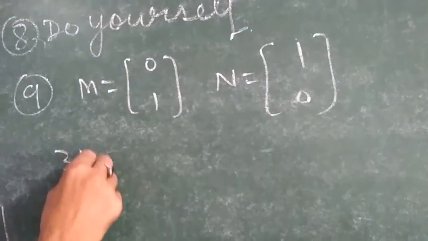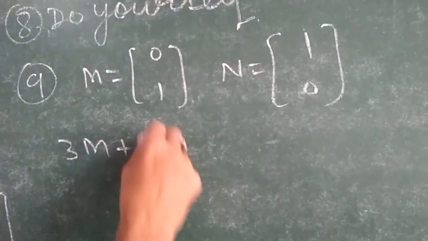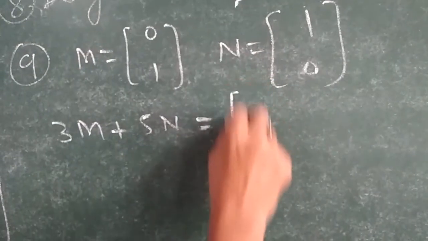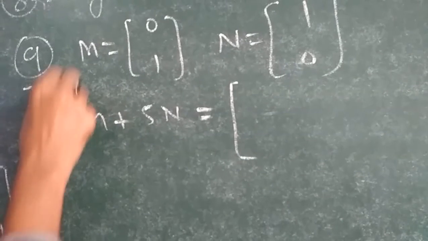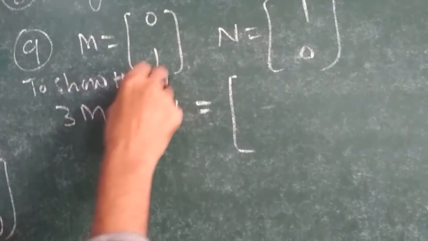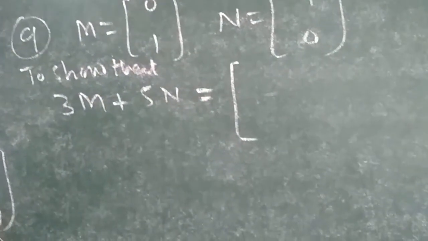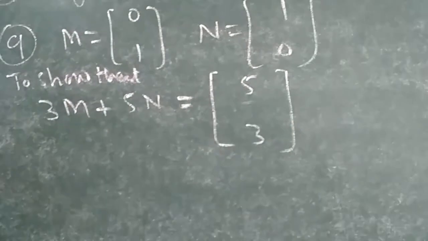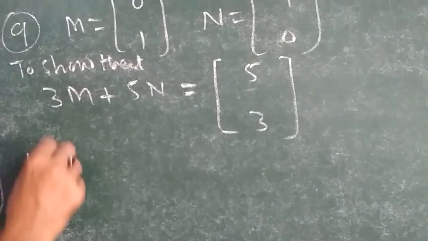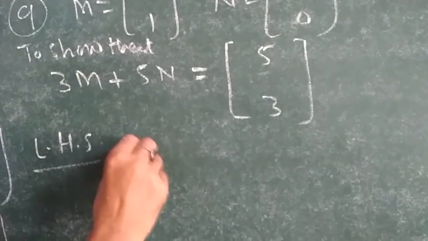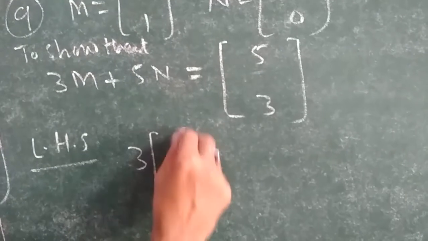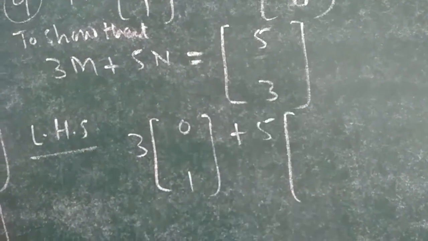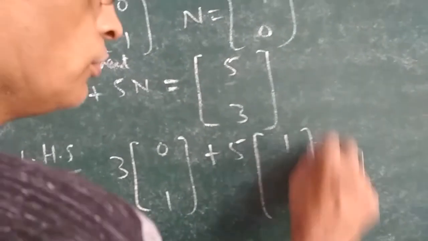We have to show that 3M plus 5N equal to 5, 3. Now take the left hand side, 3, put the value of M, it is 0, 1, plus 5, then put the value of N, 1, 0, now solve it.